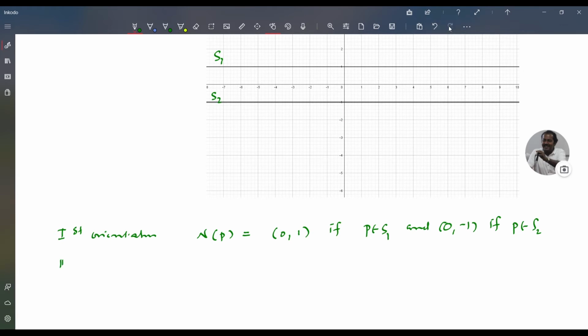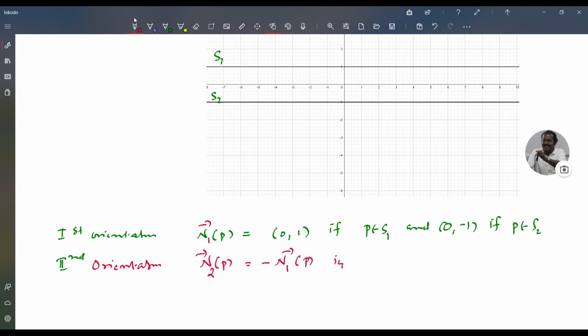Now second orientation is n2 of p, which is minus n1 of p.